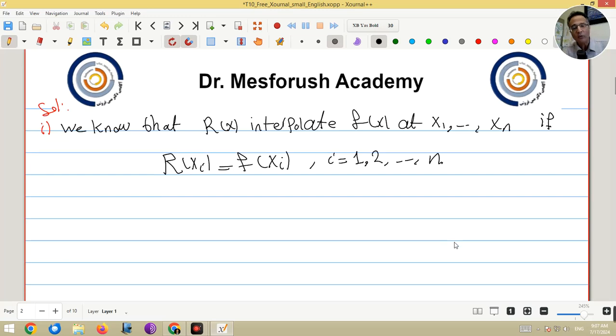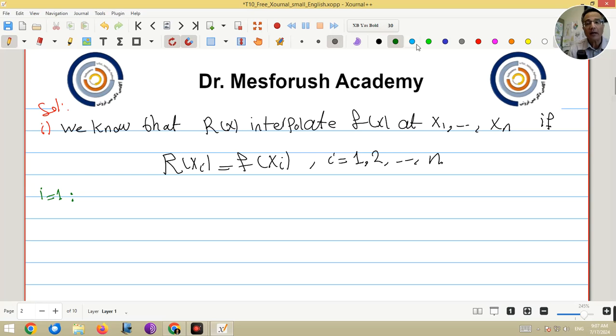Now, we try to show these equalities. We have to separate the cases i equal to 1, i equal to n, and i between 2 and n minus 1 separately.